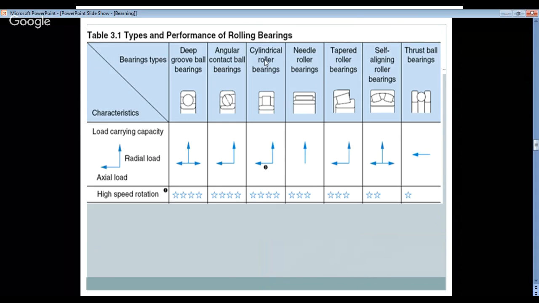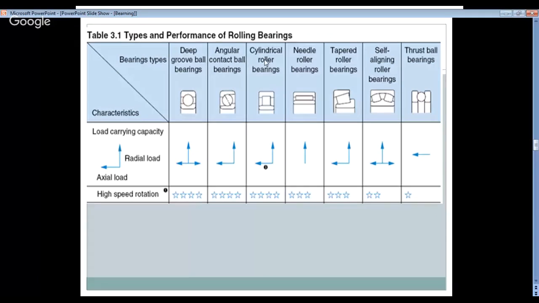If point contact is there, it means that stress generated with respect to particular load is higher. While in case of roller bearing, stress generated with respect to particular load is lower. It means that load carrying capacity of roller bearing is much higher as compared to ball bearing. Further, needle bearing is only incorporated for the radial loads.